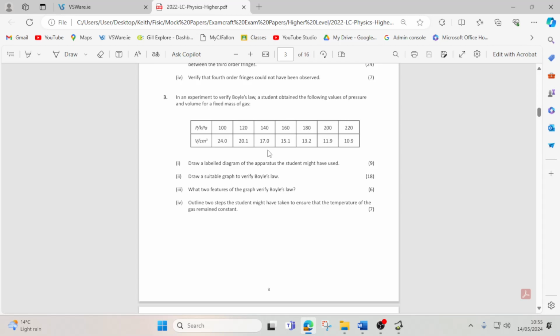Outline two steps that should be taken to ensure the temperature of the gas remains constant. Why would you keep the temperature of the gas constant?